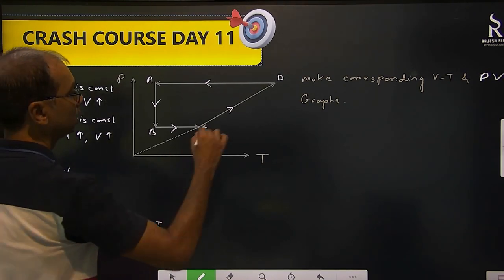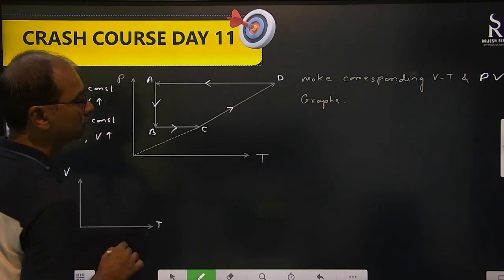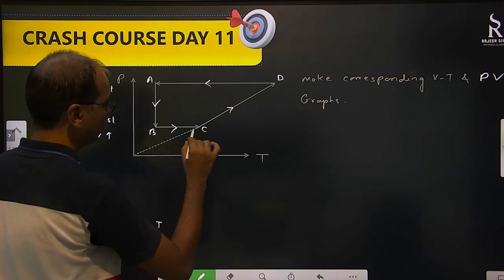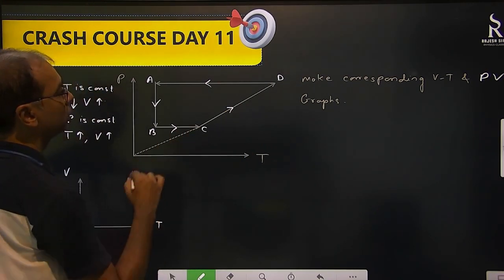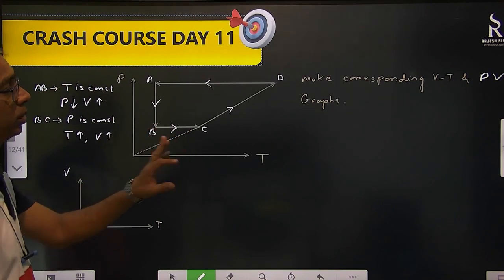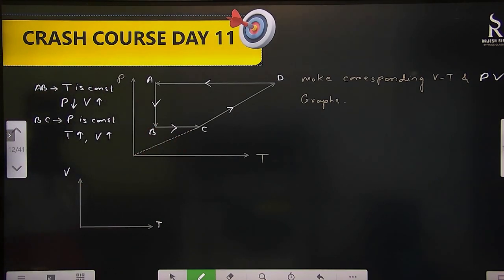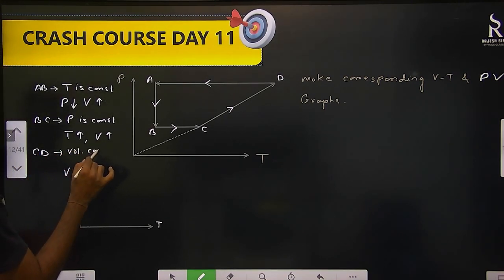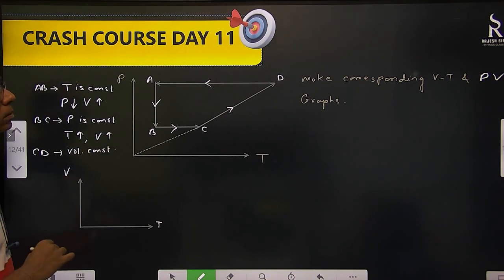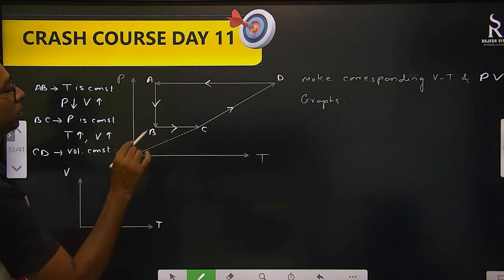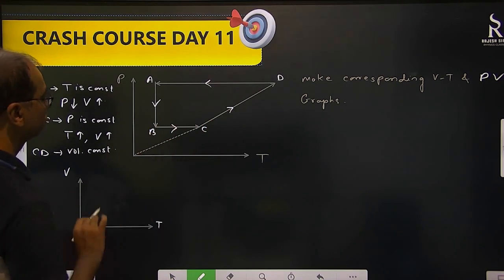Then CD. This is a PT curve, and you can see that it's coming from the origin. So that means P is directly proportional to temperature, and P directly proportional to temperature means volume constant. So CD, volume constant. Pressure is also increasing, temperature is also increasing.